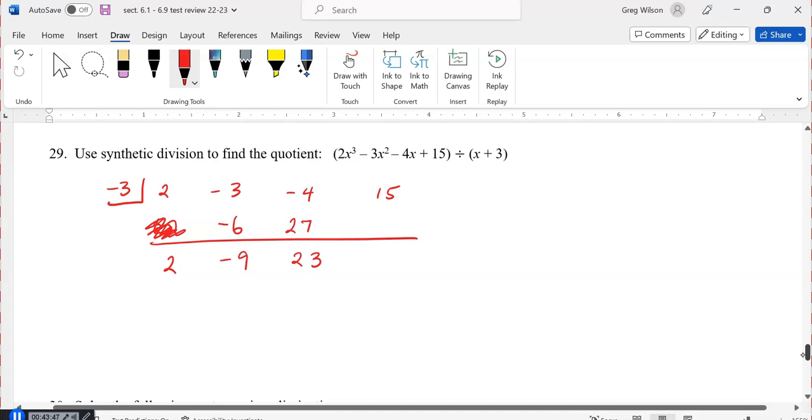23 times negative 3 is negative 69, and you add. That should be negative 54.